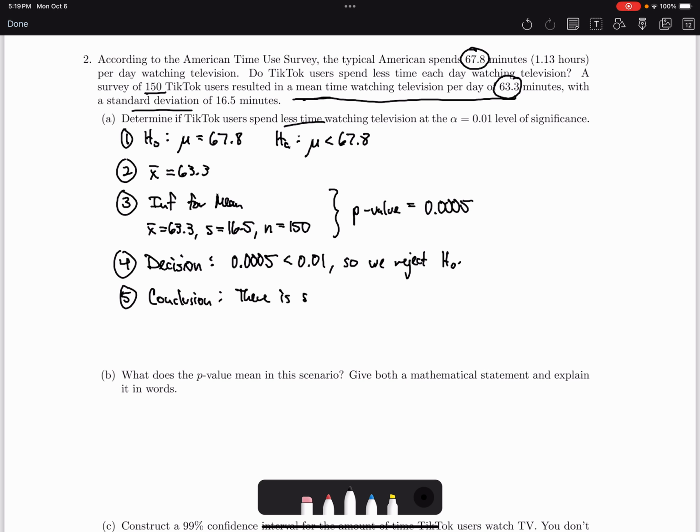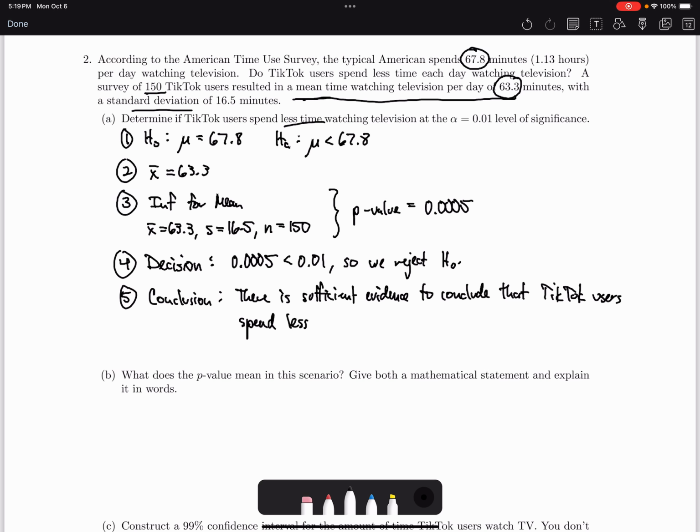There is sufficient evidence to conclude that TikTok users spend less time.